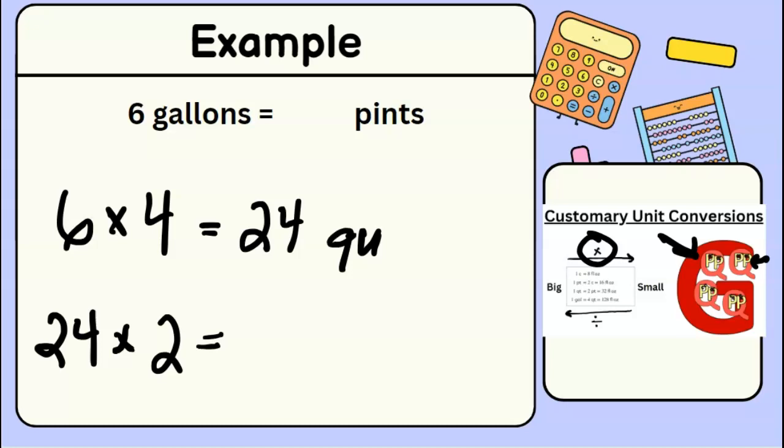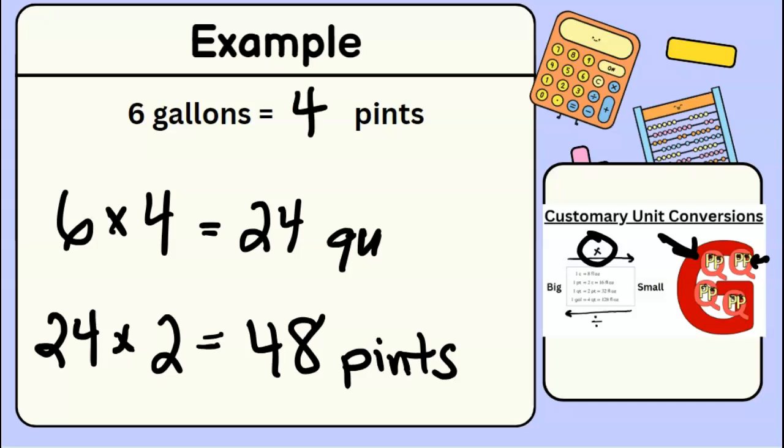And I'm going to multiply that again. So I know 24 times 2 is 48. So I know that in 24 quarts, I have 48 pints. Therefore, since 24 quarts is equal to 6 gallons, I must have 48 pints in 6 gallons.